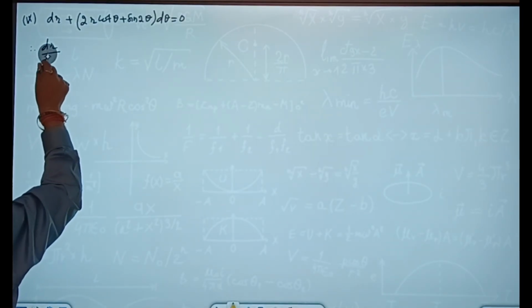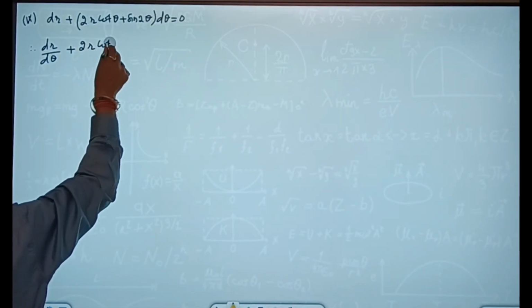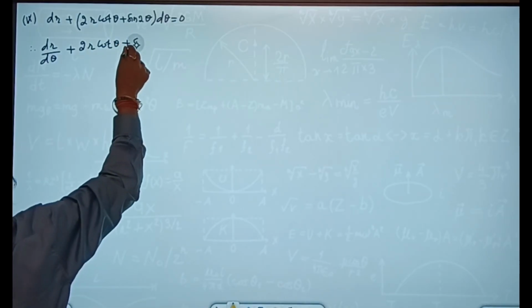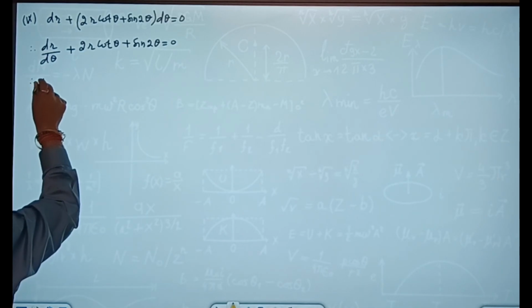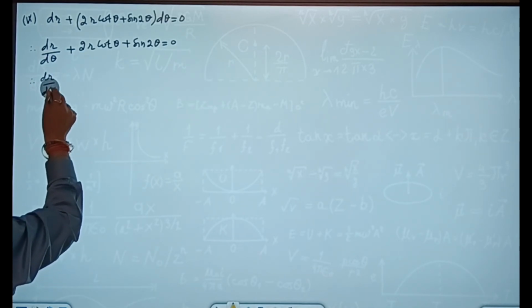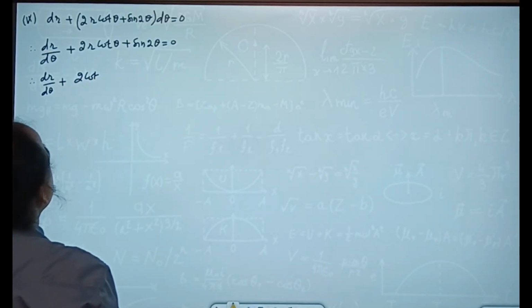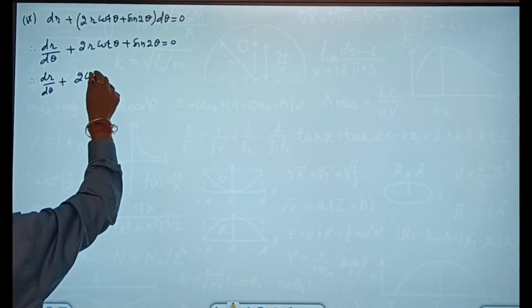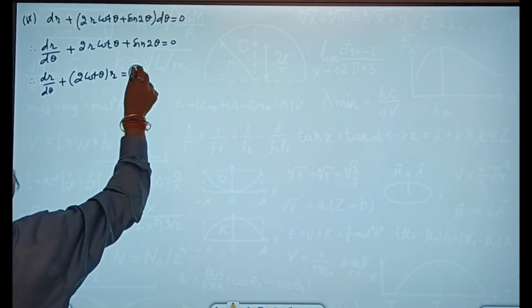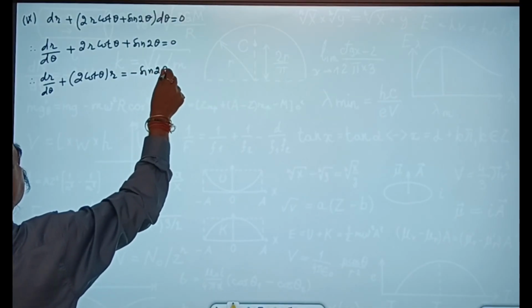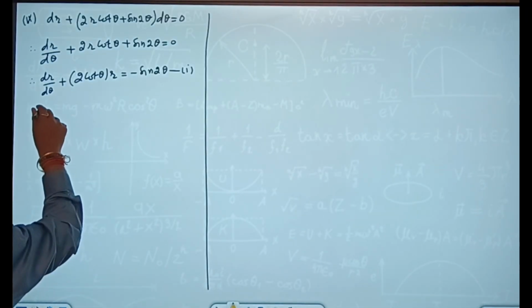So dr by d theta plus 2r cot theta plus sin 2 theta is 0, so dr by d theta plus 2 cot theta into r is equal to minus sine 2 theta. Write this as equation number 1.